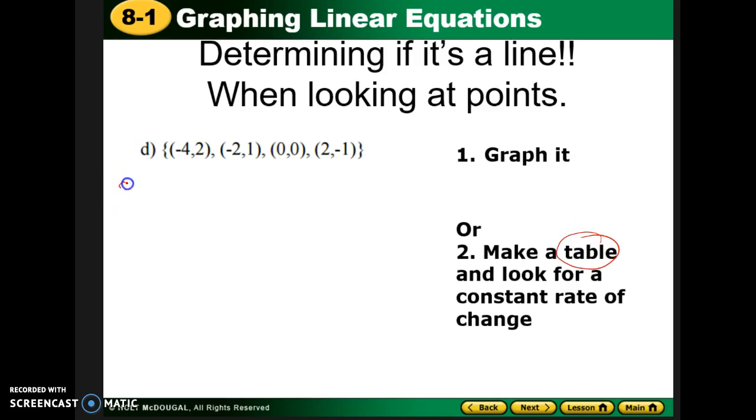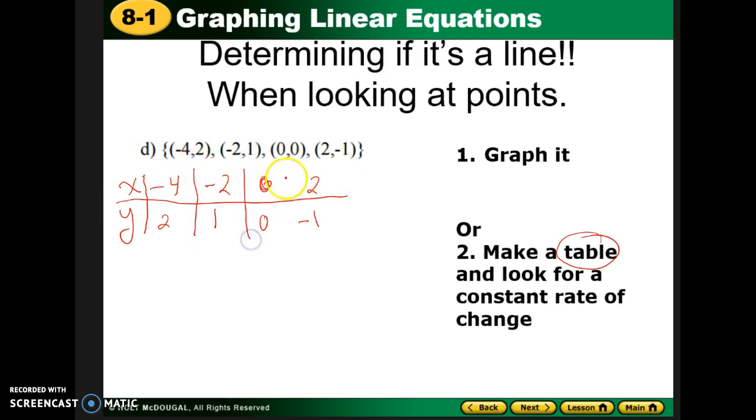So I'm going to make a table of x and y values: -4, 2; -2, 1; 0, 0; and 2, -1. Make sure when you're making this table that you line them up in ascending order, going up, or descending order, going down. Otherwise it won't work.